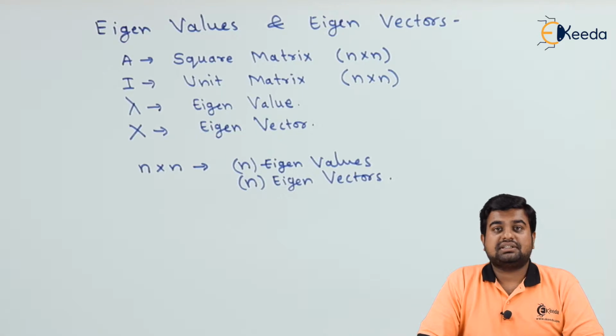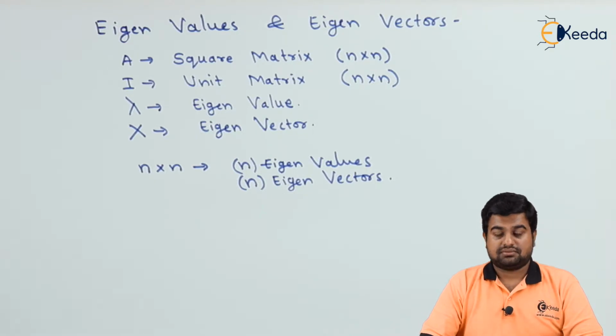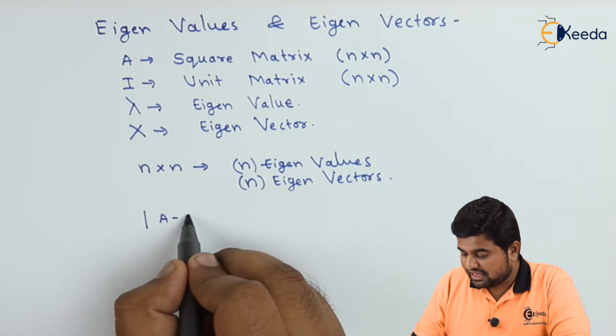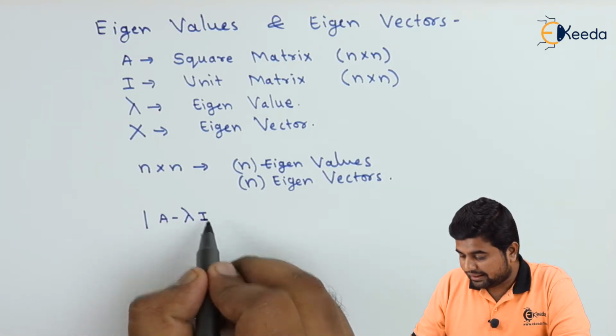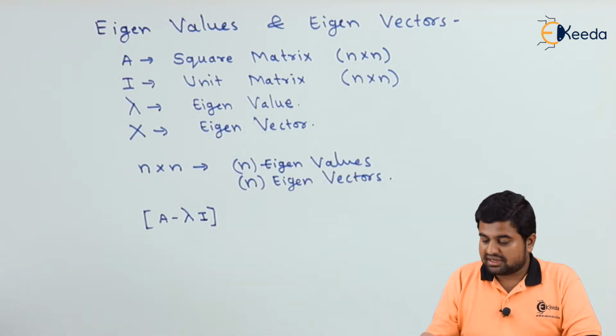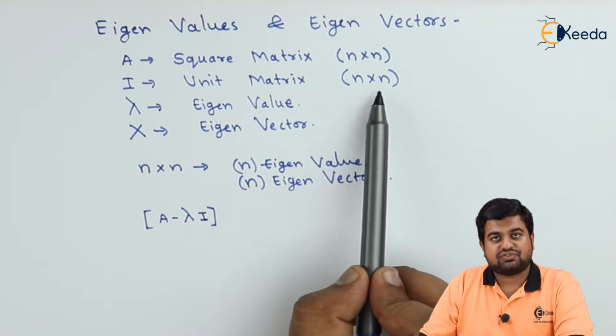We need to consider the expression mod of A minus lambda I, where A is the n by n square matrix and I is the unit matrix of the same order.